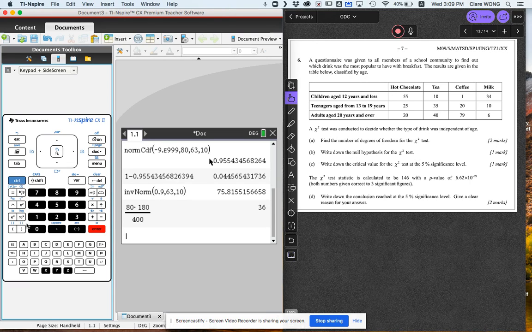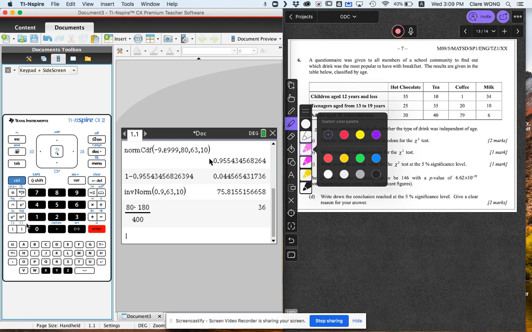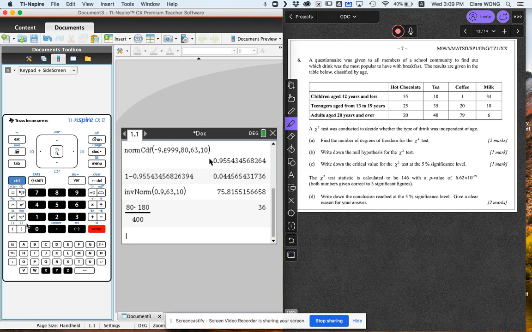A chi-square test was conducted to decide whether the type of drink was independent of age. So let me highlight these. Find the number of degrees of freedom, 2 marks. So you better show a step of working.